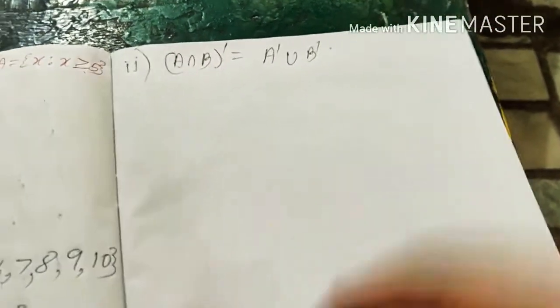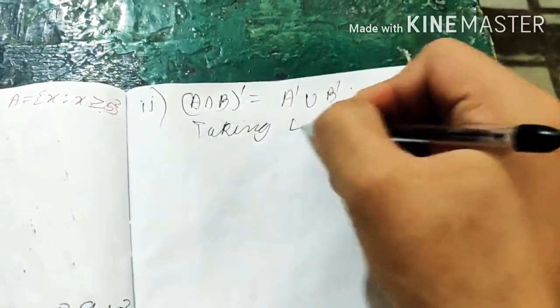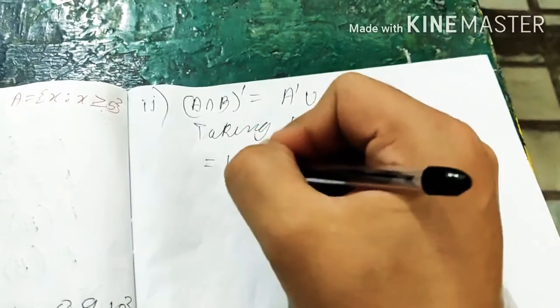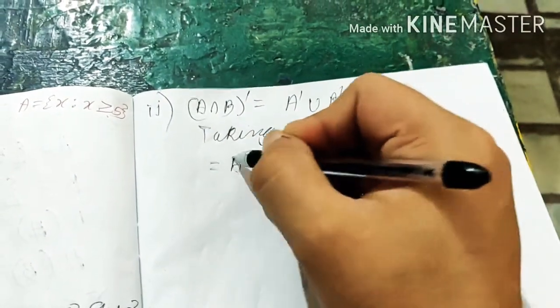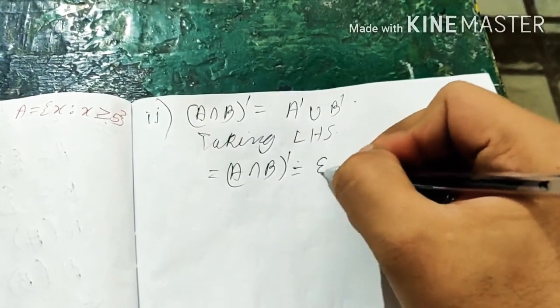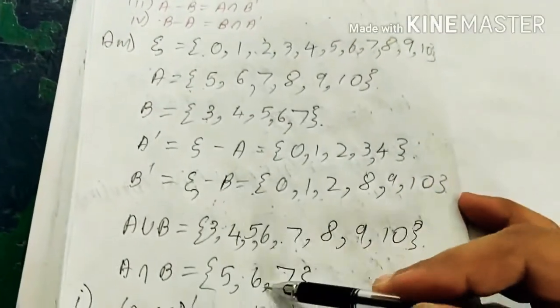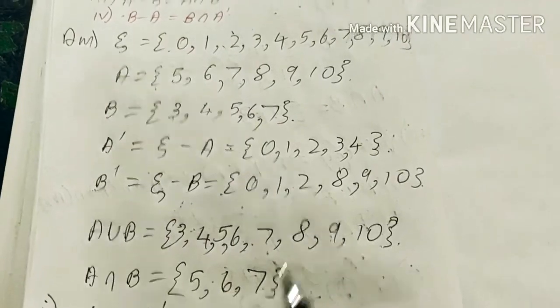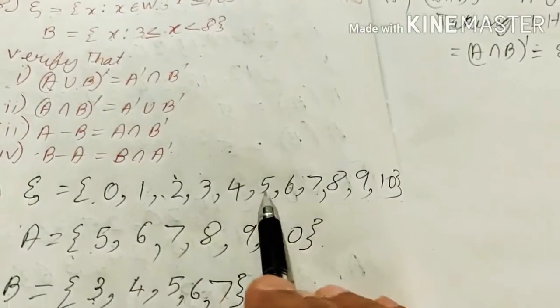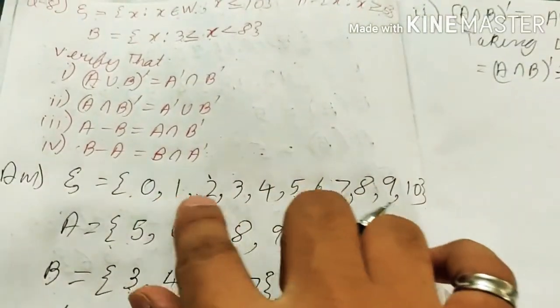Taking the LHS first. LHS here is A intersection B complement, that is the universal set minus A intersection B. So universal set minus the intersection means 5, 6, 7 will be removed from this set. 5, 6, 7 will be removed from the universal set, and we are left with 0, 1, 2, 3, 4, 8, 9, 10.